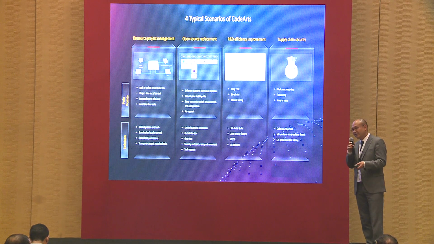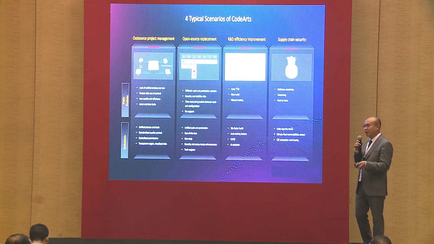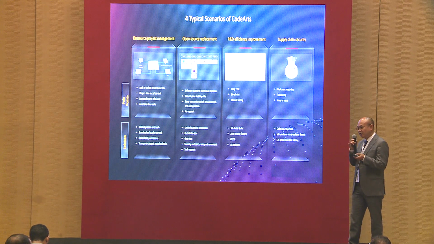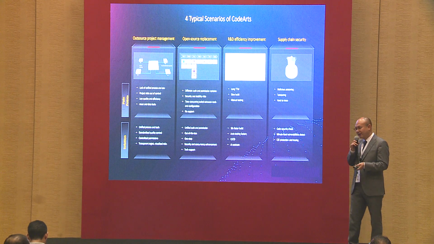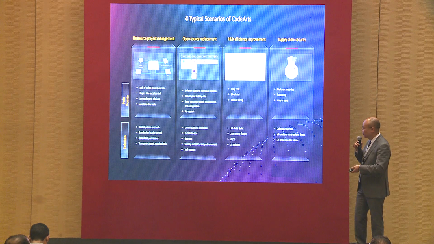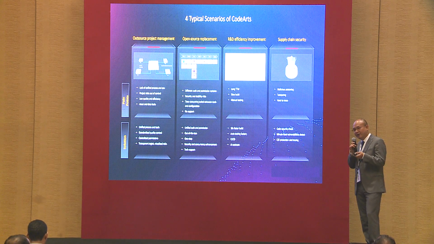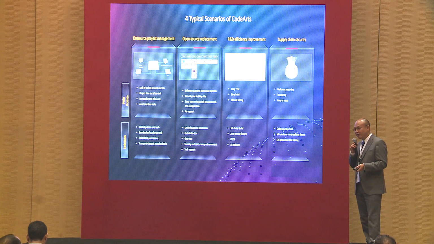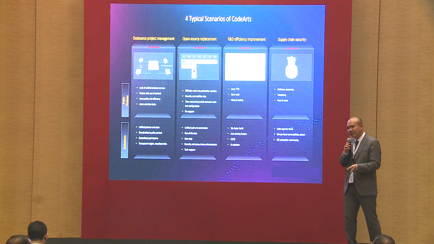Okay, just three topics about HUAWEI CodeArts: the efficiency, software supply chain security, and the intelligence. Based on these three topics, we also strongly recommend four typical scenarios. The first scenario is open source project management.